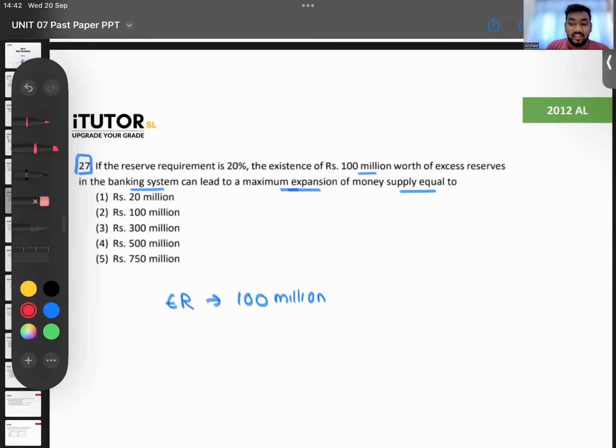You can do this by using the deposit multiplier. How much is our deposit multiplier if our SRR is 20%? How do we calculate deposit multiplier? Deposit multiplier equals 1 over SRR. That is 1 over 0.2. 20%, don't write 20, okay? 20% means 0.2, no?